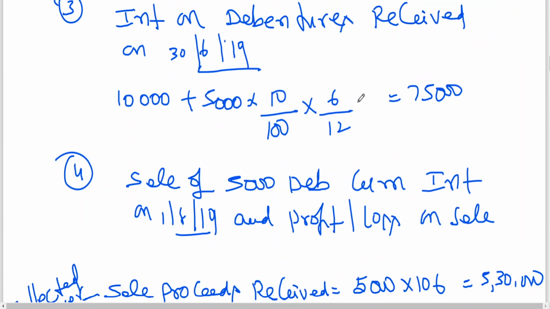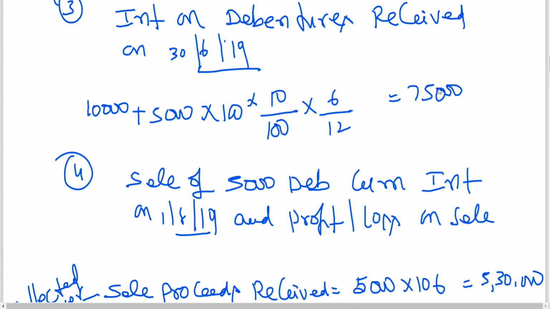Interest on debentures received. 15,000 debentures you are having. 10,000 plus 5,000. Okay, this value or not. So 15,000 at 100 into 10% into 6 by 12.